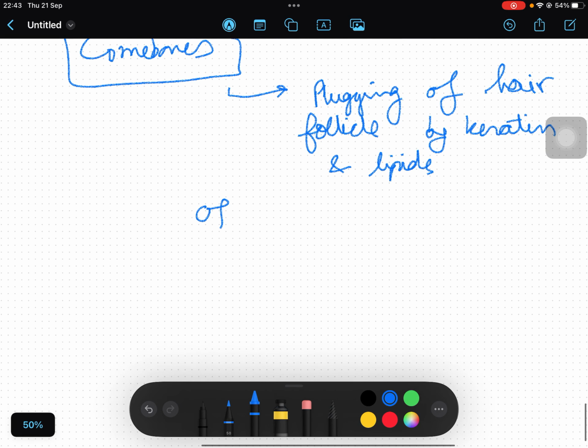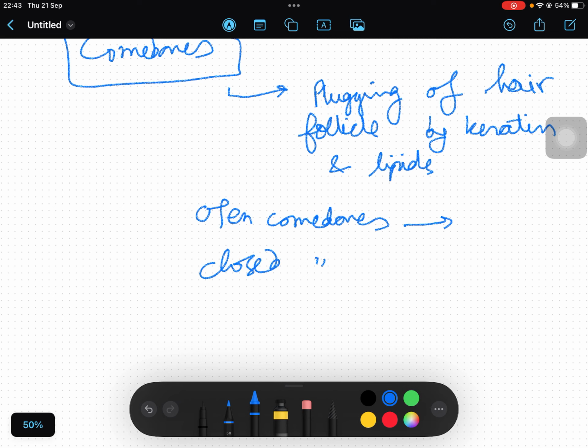Comedones may be open comedones or closed comedones. Open comedones appear as blackheads, and closed comedones appear as whiteheads on the face.